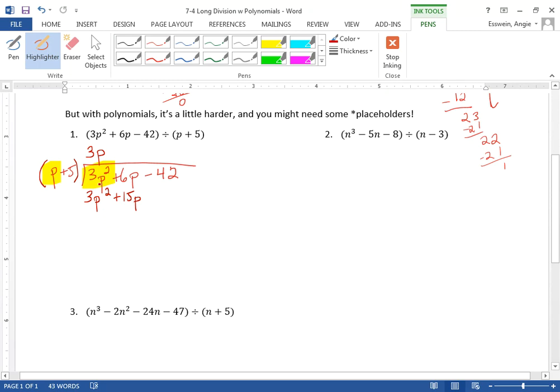Okay, and if you did it right, these two will be identical, whether they're positive or negative, because when you subtract, always put parentheses around this, because the negative distributes. So these will always go away if you're on the right track, the first term. The next is careful arithmetic, 6 minus 15, okay? Because you're subtracting. 6 minus 15 is negative 7p.